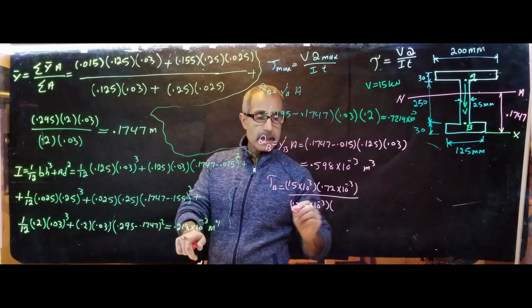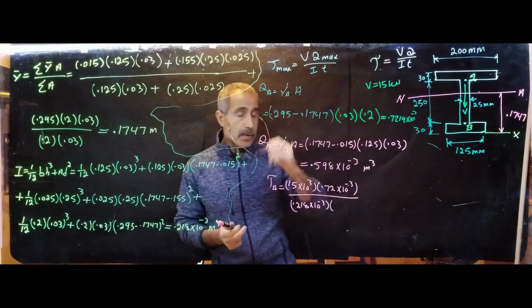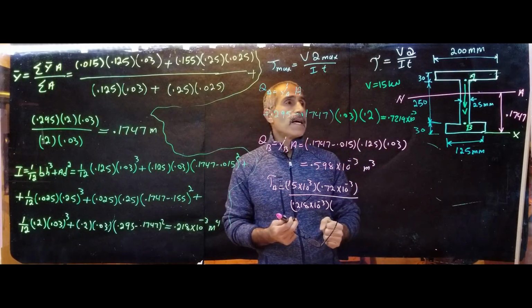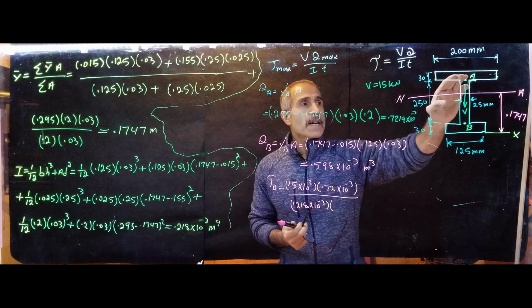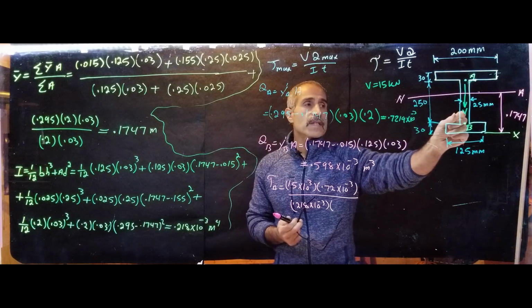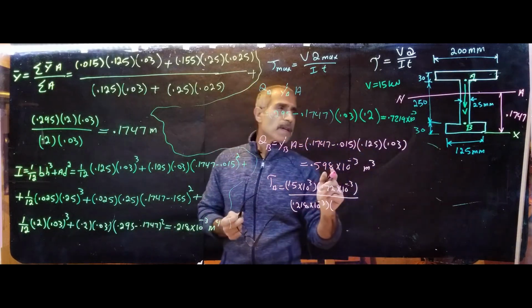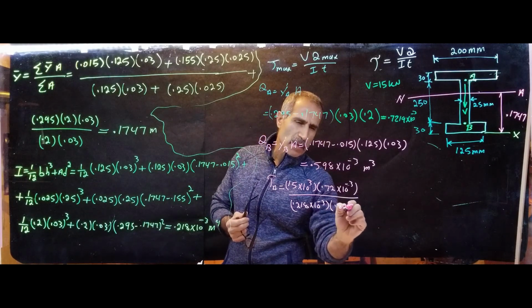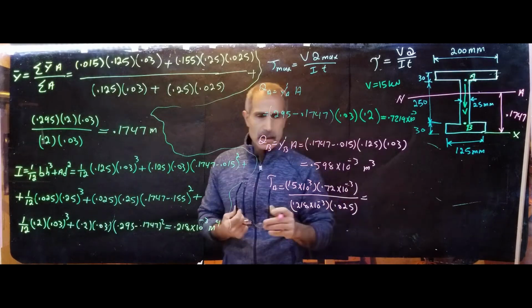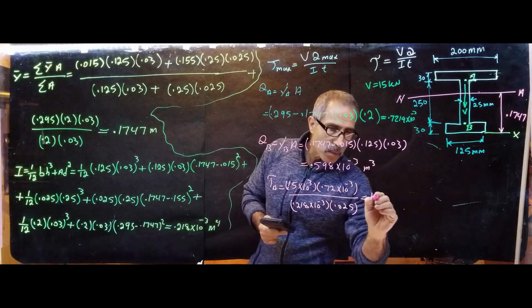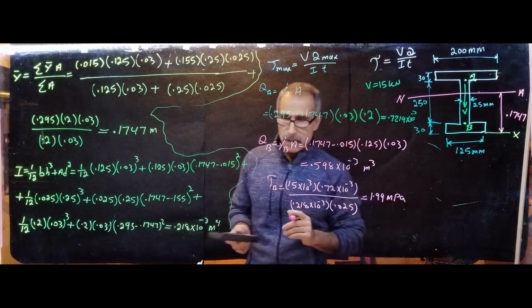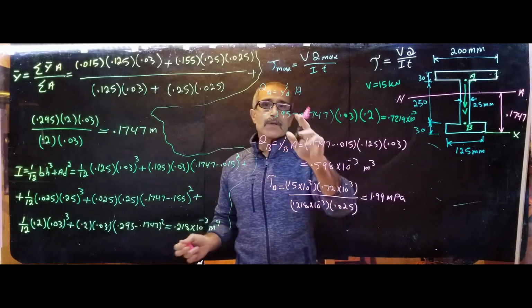And t, we're talking about the shear stress in the web. I know we used the area here before, but now we have to use the thickness of the web, which is 25 millimeters, which is 0.025. There, that's how we get 1.99 megapascals.